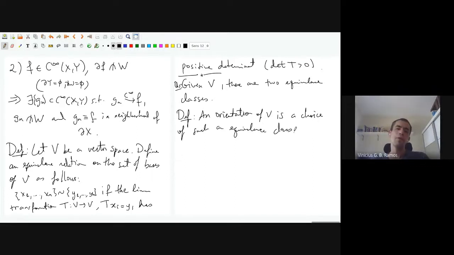Usually, the way that we choose an orientation is by just picking a basis and writing it as an oriented set. So you say, take the orientation that's given by this basis, x1, x2, up to xn. Of course, when you write the basis as a set, you really mean that the order in which you're writing it matters too.